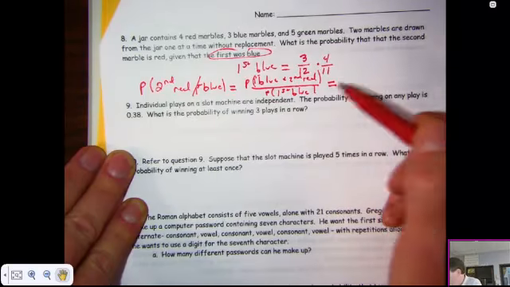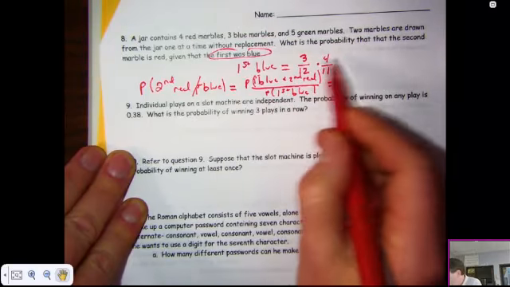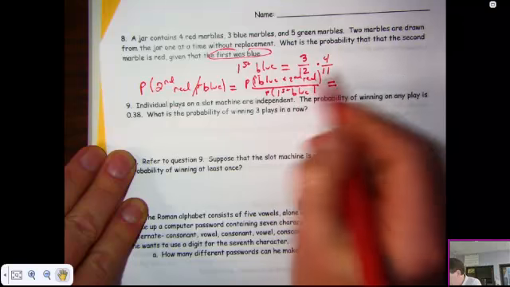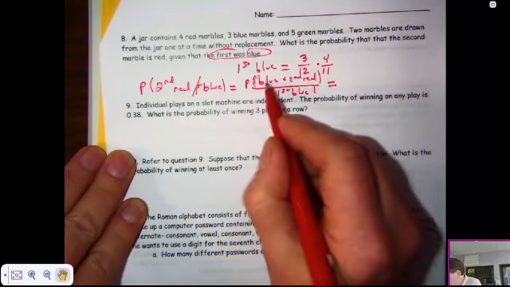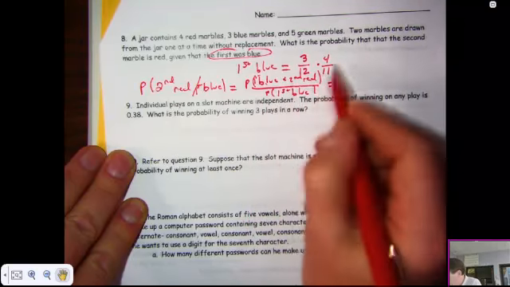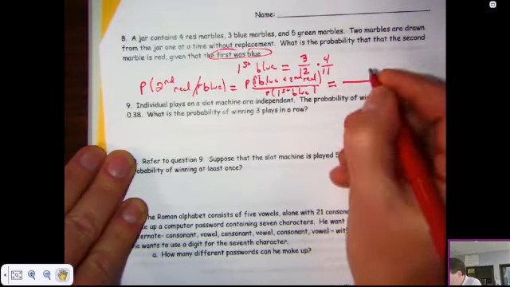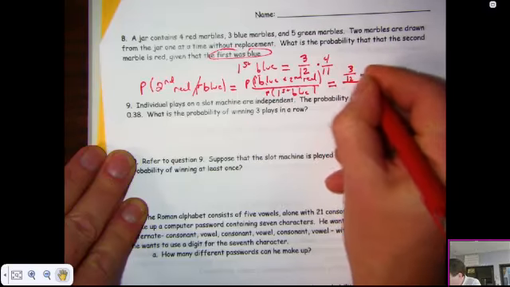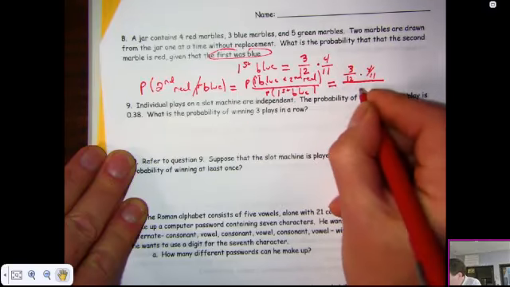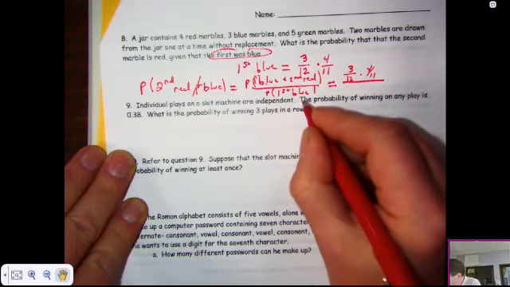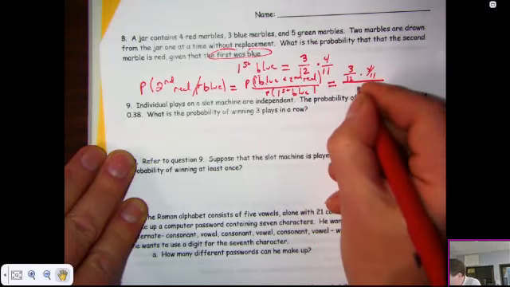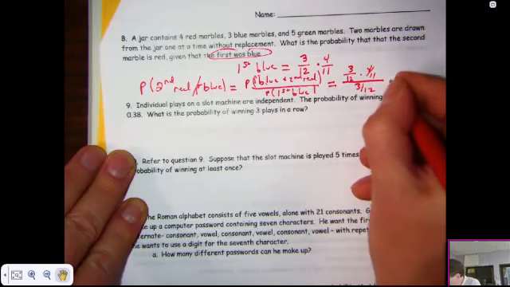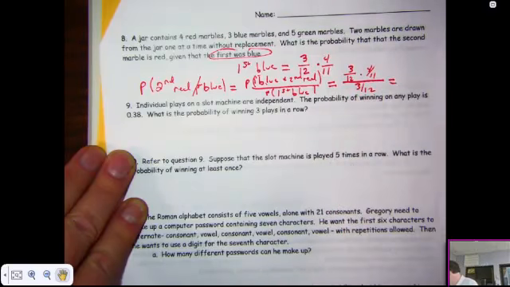Why don't we pick up earlier? The first being blue and the second red is this. So we have 3 over 12 times 4 over 11. We divide that by the first being blue, which is 3 over 12. The answer is 4 over 11, which is how much?